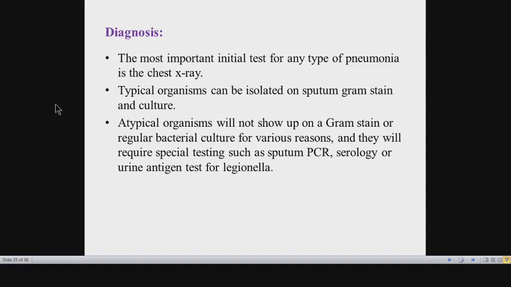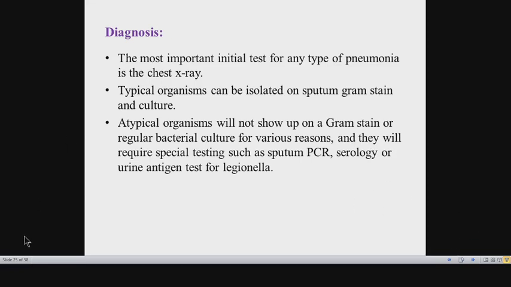So these organisms are treated empirically. By giving our empirical treatment, which includes macrolides, we will automatically treat these atypical organisms if they are causing pneumonia, and so we will not need to confirm the diagnosis of these organisms in most of the cases.